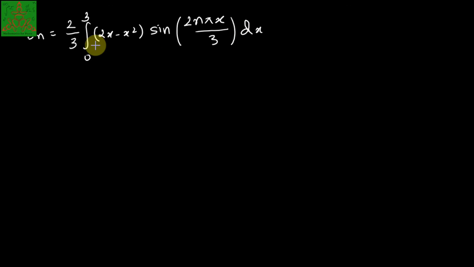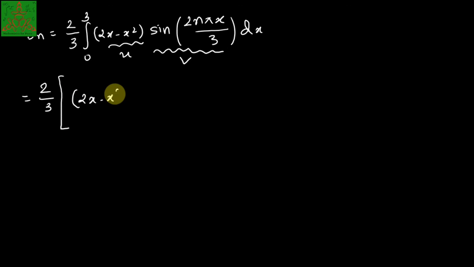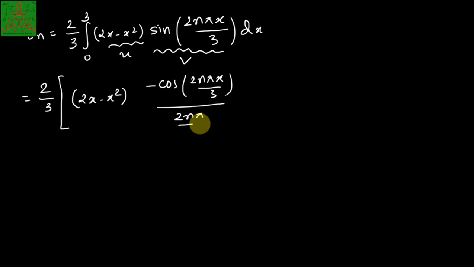Again I am applying the generalized integration by parts, with u and this I am considering as v. So 2 by 3 is as it is, 2x minus x square is as it is. The integration of sine will be cos 2n pi x upon 3 upon 2n pi by 3.